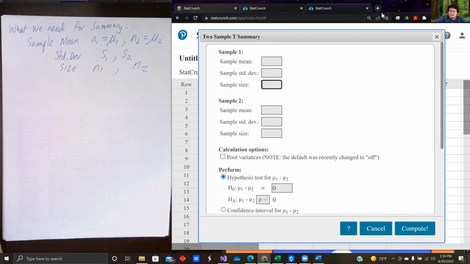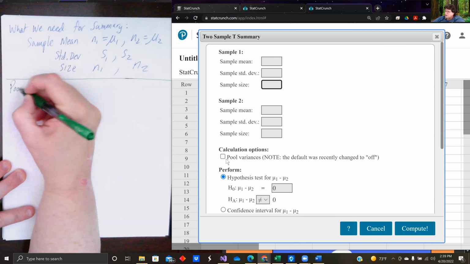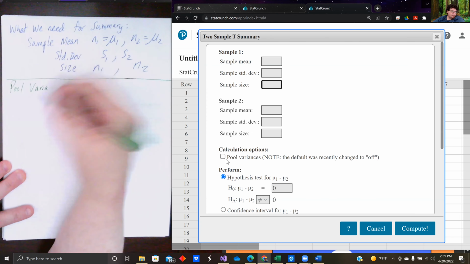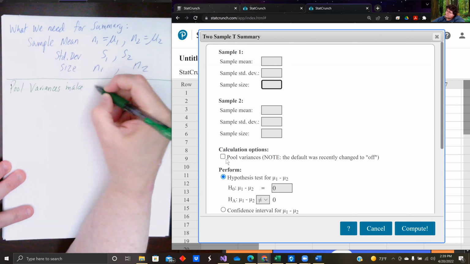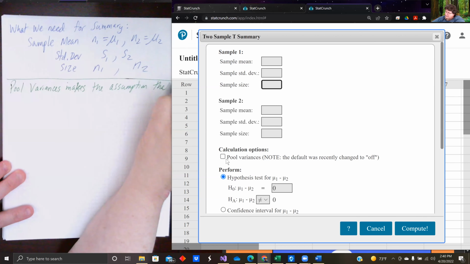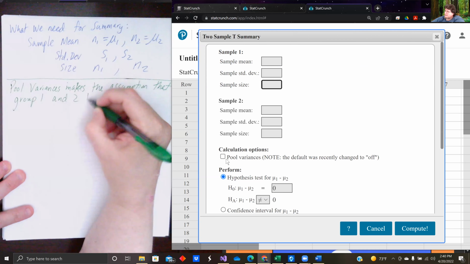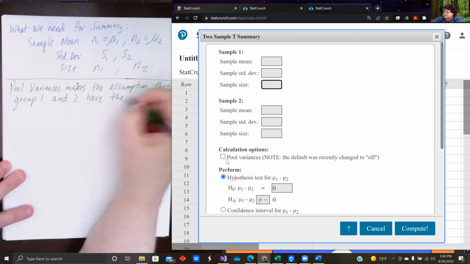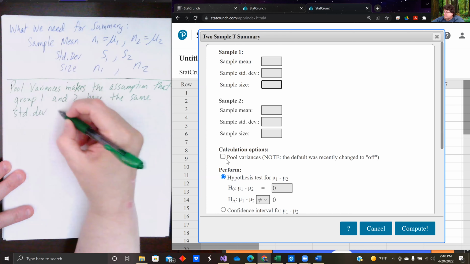Notice this option right here, calculation options, pool variances. Let me just tell you about it. Pool variances makes the assumption that group 1 and 2 have the same standard deviation and variances.